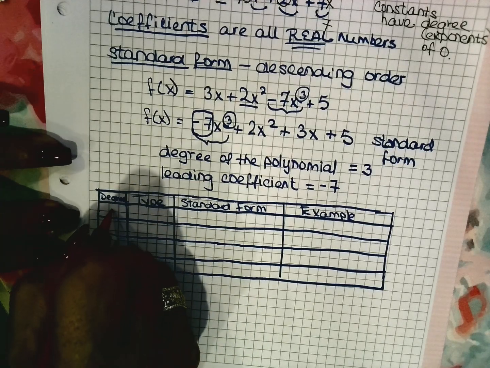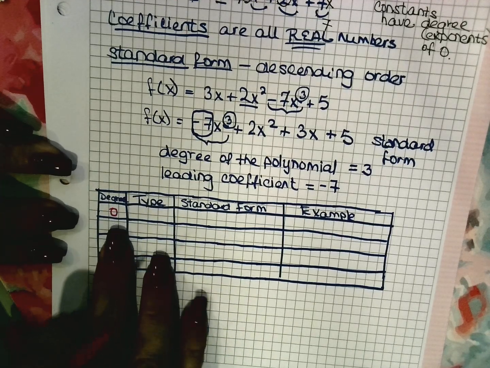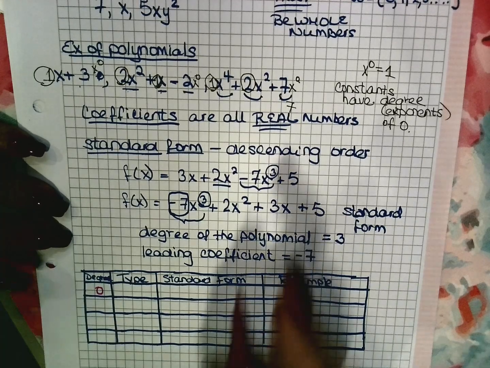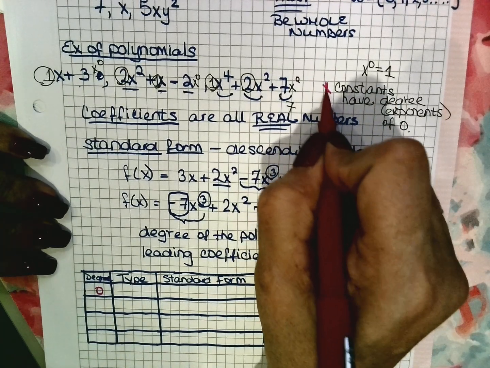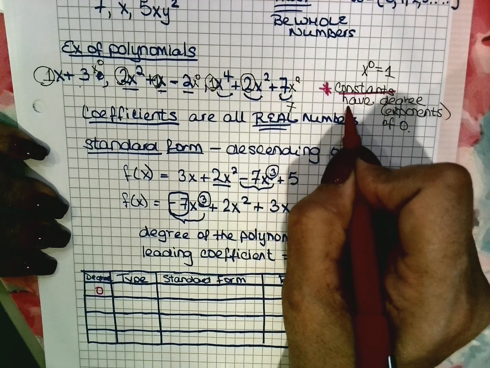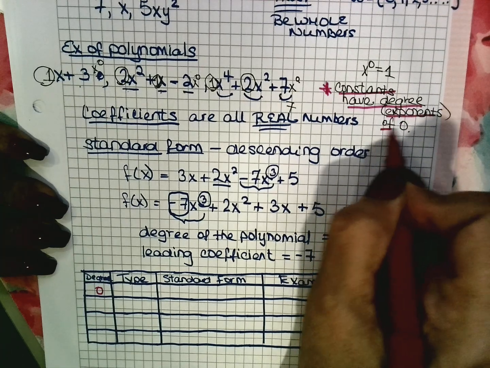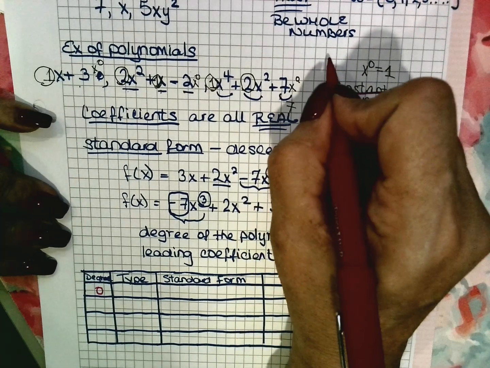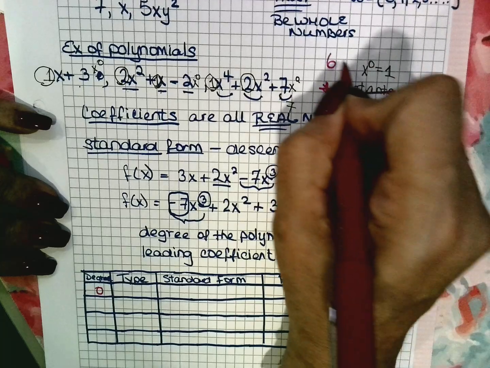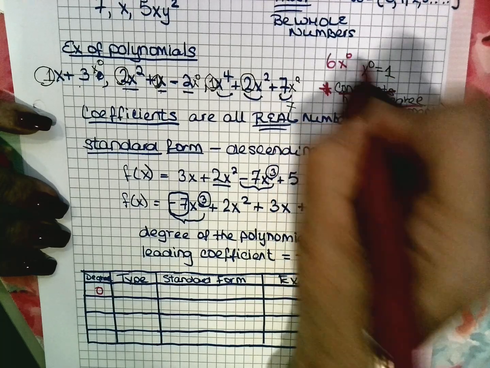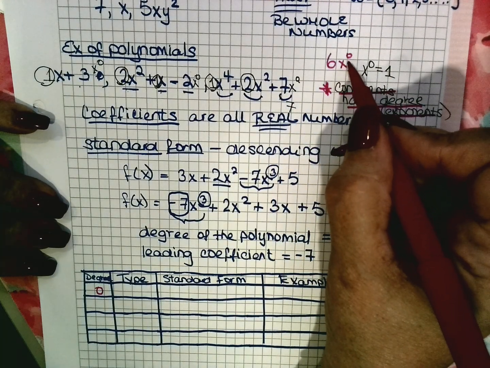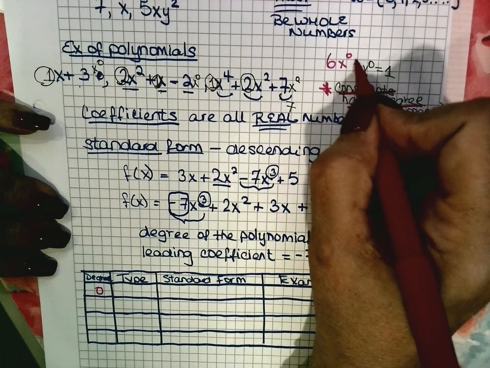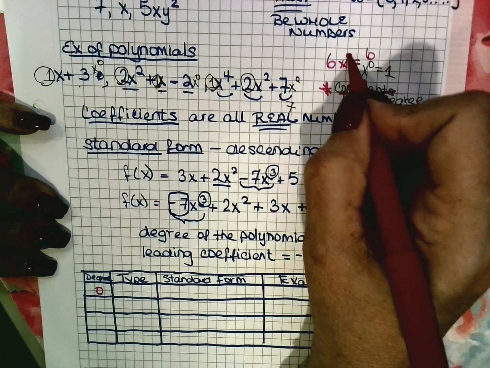Okay, so a degree of 0, and we already touched on this. We said that constants have a degree of 0, right? Because you can see a constant like 6 really can be written as 6x to the 0, where that's a 1, and 1 times 6 is 6. We just don't write that.